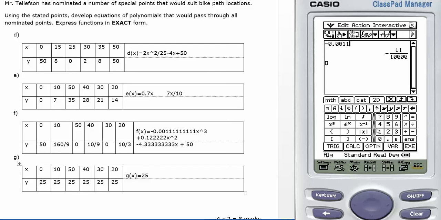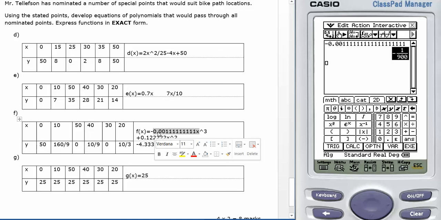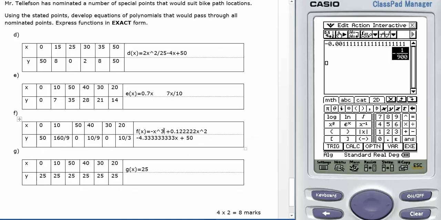But if I put a lot of the recurring decimals in, like fill the whole screen, it will then turn that into exactly what it is, which is negative 1 on 900. So I've actually got negative x cubed divided by 900, which is the exact value.